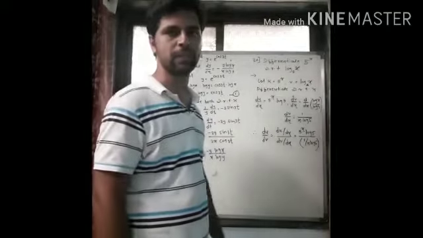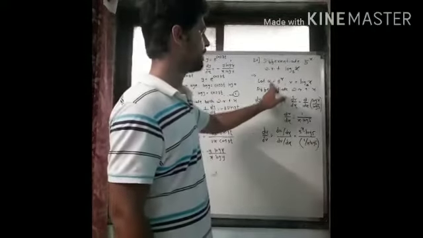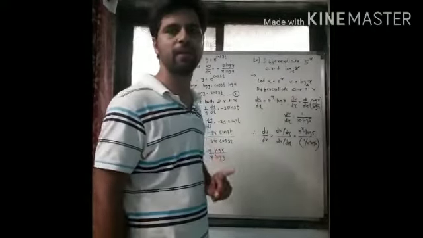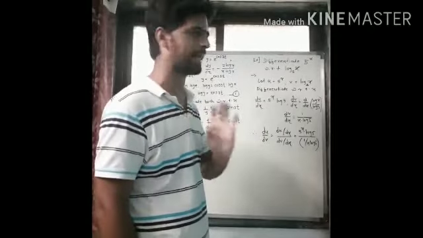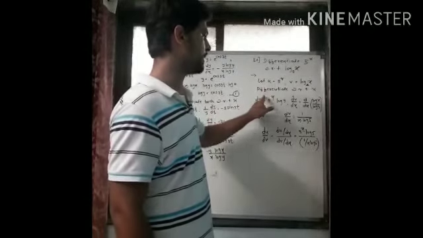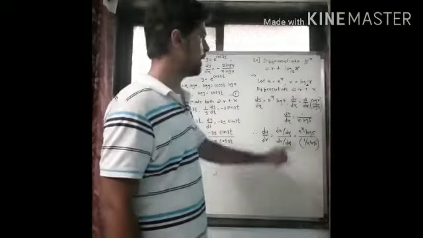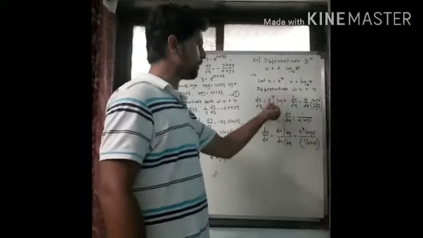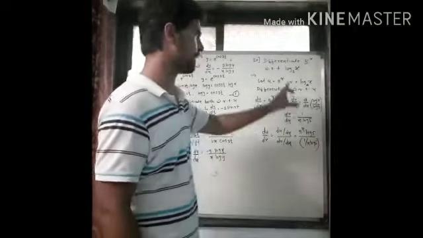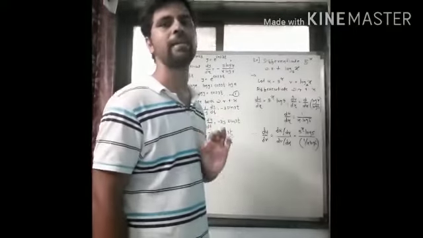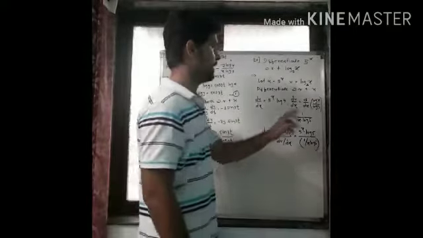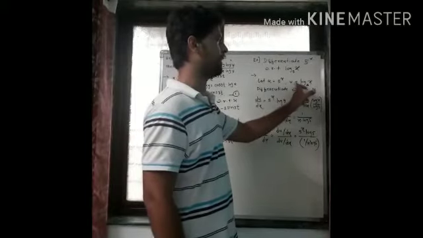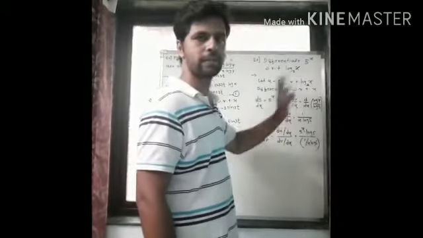So what we'll do is call the first function the u function and the second function the v function. Now differentiate u and v separately with respect to x. So the derivative of u is du by dx. Now the derivative of 5 raised to x is 5 raised to x into log 5, because 5 raised to x is in the form of a raised to x. Now we have to differentiate v equal to log x to the base 5.